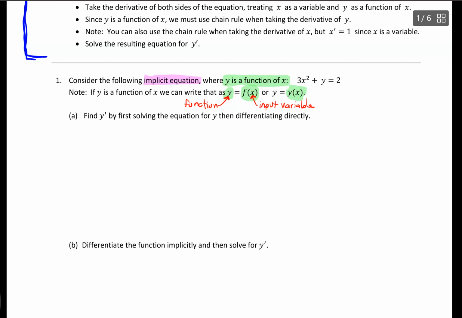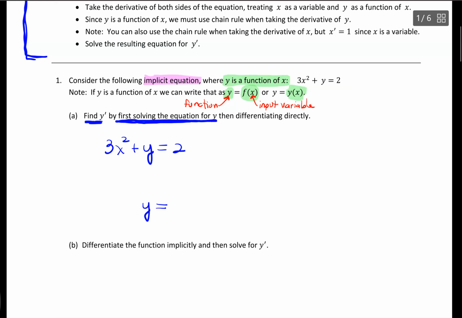So the first way they want me to find the derivative is I'm going to find y prime by first solving the equation for y, because we can. Okay, so let's do that. I can rearrange this implicit equation to make it say y equals in one simple step.